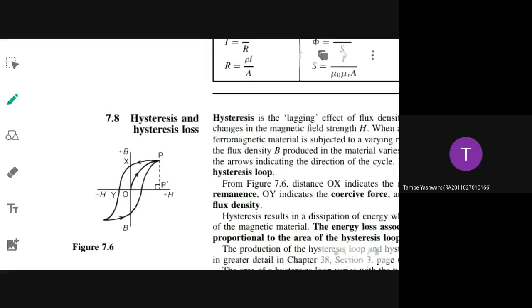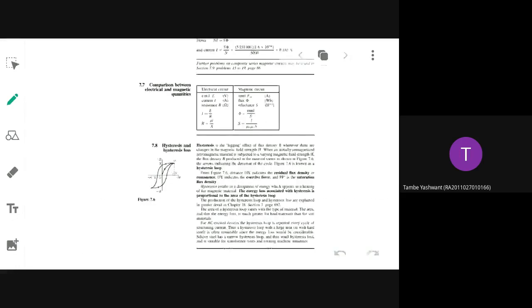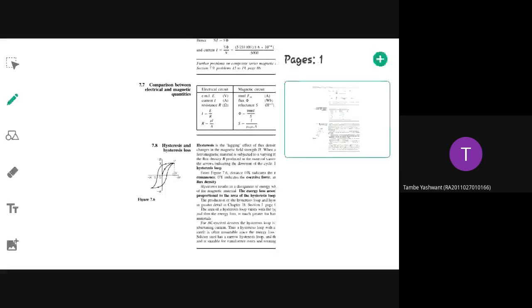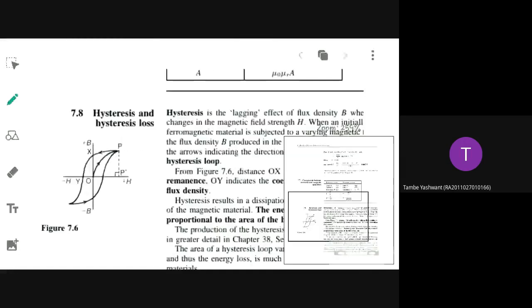But the exact nature of the curve will depend upon the permeability value of a non-magnetic media or magnetic media. Okay, I will show you an example curve later. First let me finish the hysteresis curve, then I will tell you how the curves are varying.